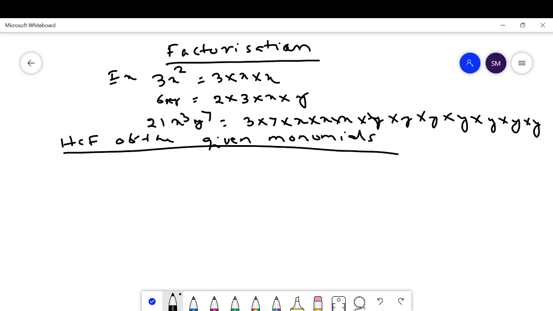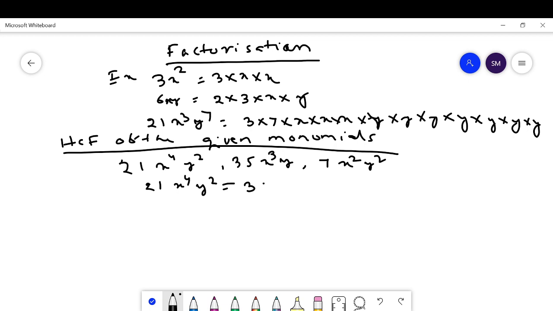Suppose the monomials given are 21x to the power 4 y square, 35x cube y, and 7x square y square. We have to find the HCF of these monomials. At first, factorize the monomials. 21x fourth y square can be written as 3 into 7 into x into x into x into x into y into y.